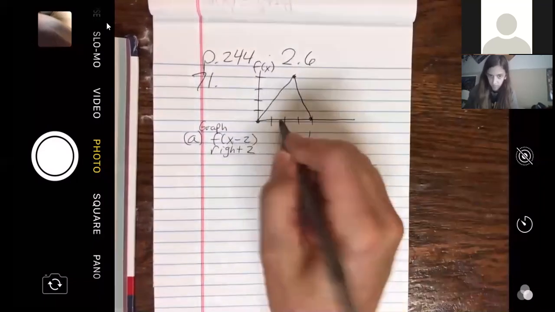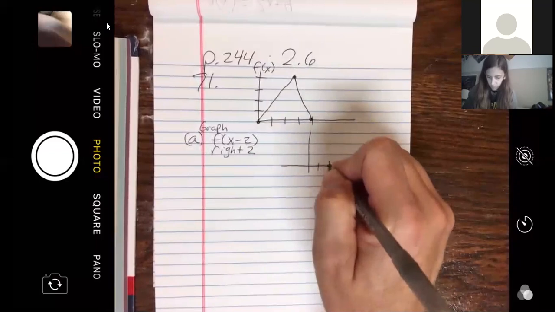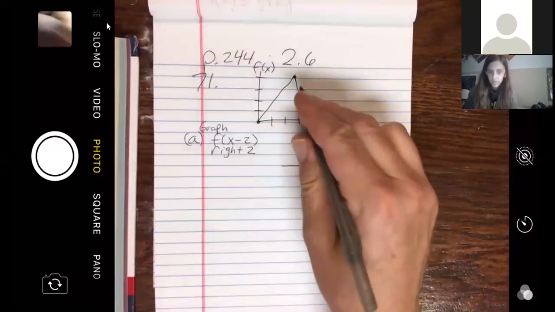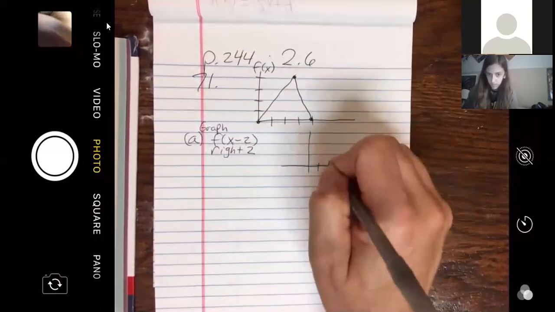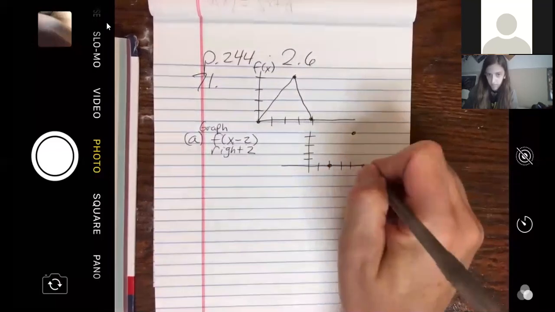So your origin point is going to go over to 2. Your peak is going to go over to 4 and up 4. And your point at 4 here is going to go over to 6.